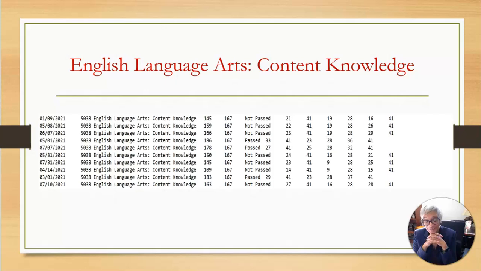I was looking through those, the state passing score was 167, and just trying to figure out how others might have performed against that score. Of the 10 records, 7 did not pass, and 3 passed.